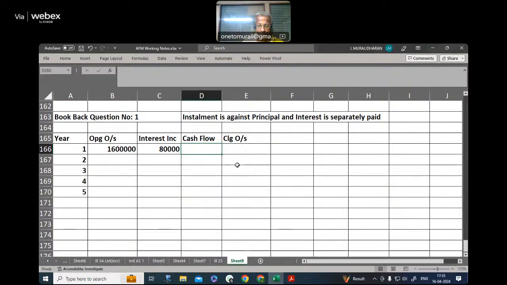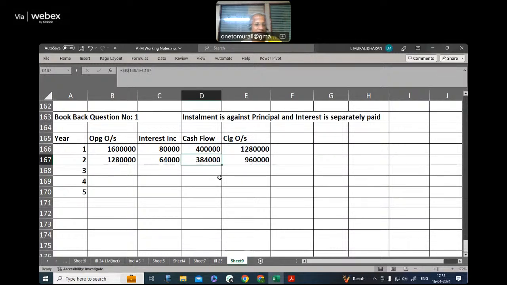So that means divided by 5 plus interest. Closing is opening plus this minus this, and that becomes the next opening.